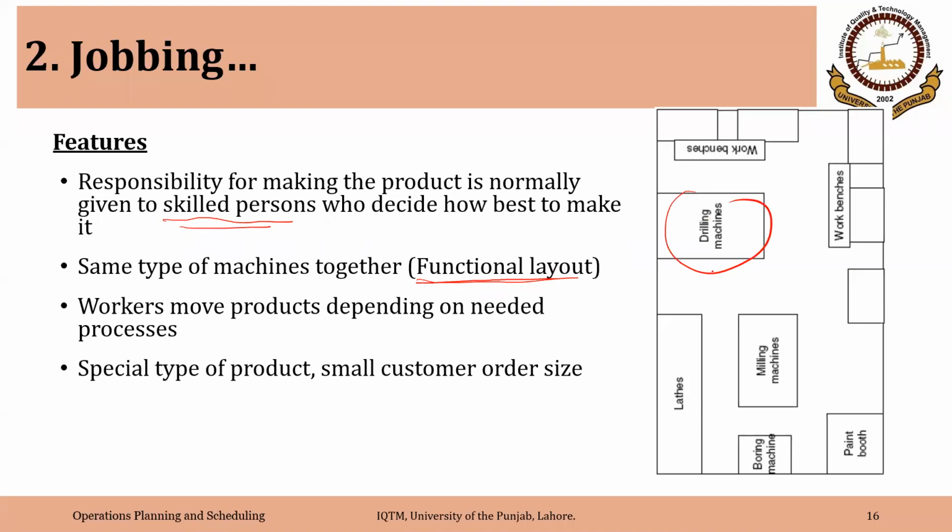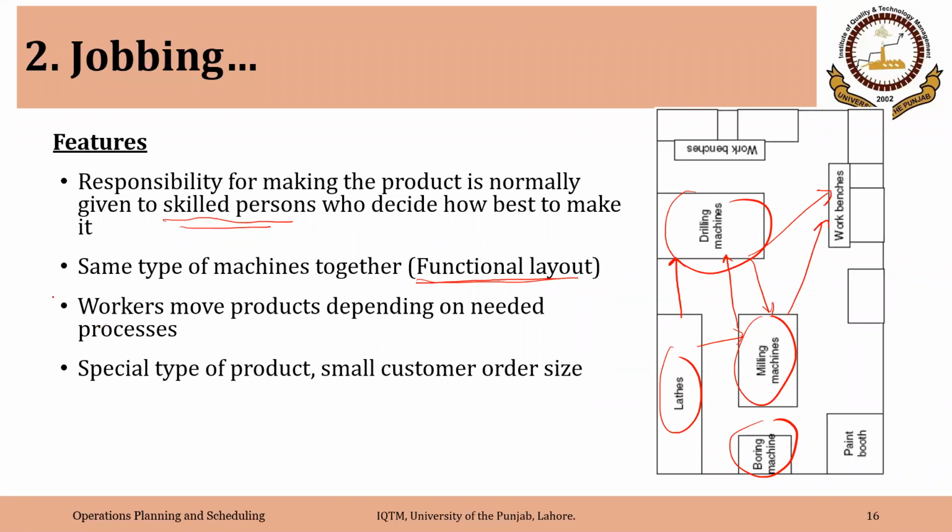So you have similar machines or similar processes grouped together, because we know that every product will need these machines, but the sequence of operations for one product might be different from the other product, but all products will require these machines.